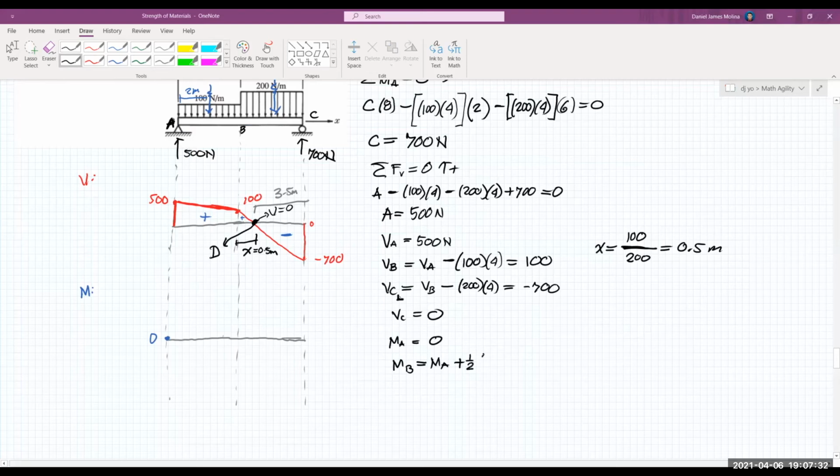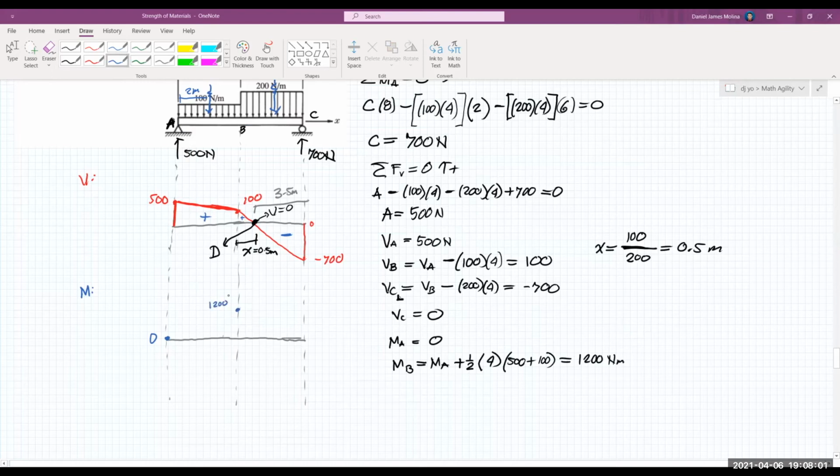It's a trapezoid, so we have one half, 4 meters times 500 plus 100. This is the area of the trapezoid. So the moment at B is equal to 1,200 Newton meter. So it's positive. Let's locate it here, 1,200.